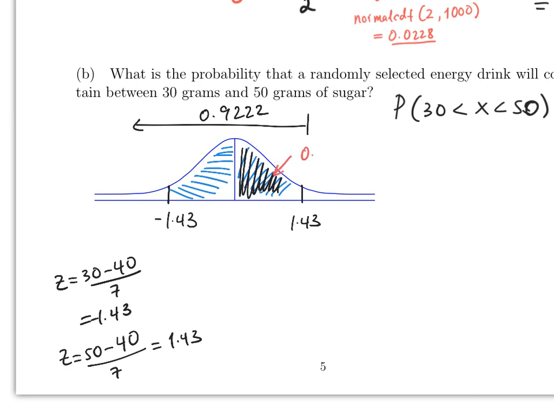This will be 0.4222, right? This is the same thing. So by symmetry, it should be 4222 again. If they were not the same, you had to do this twice. But in this case, they are the same. So then this will be what? 0.4222 plus what? 0.4222, right? And how much is this? What is it?